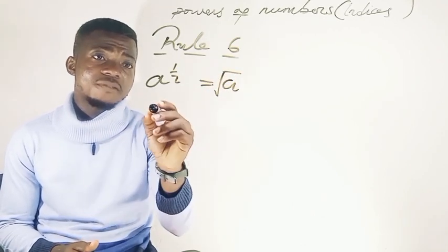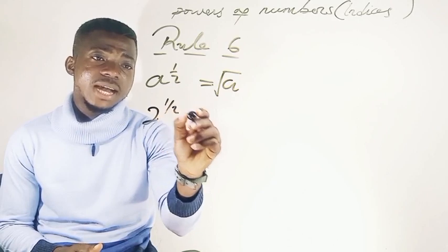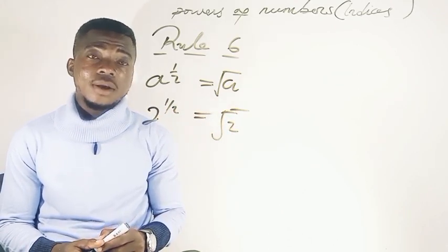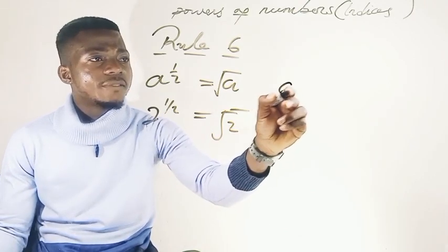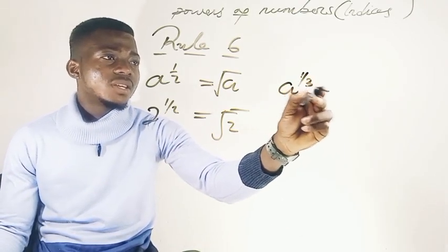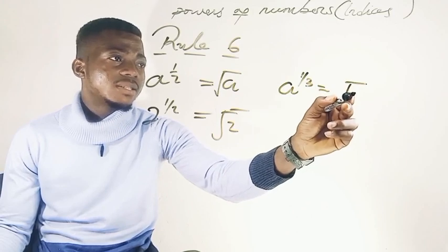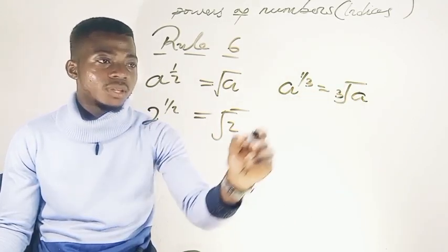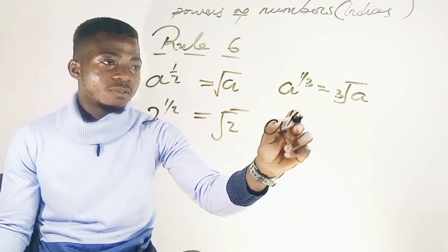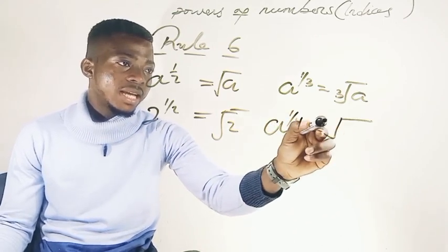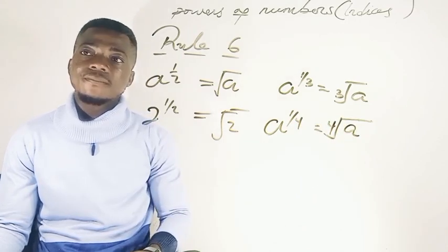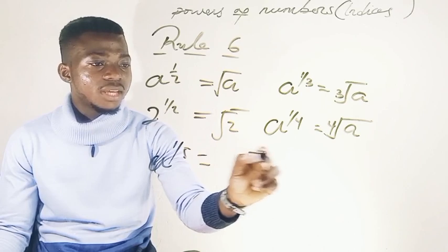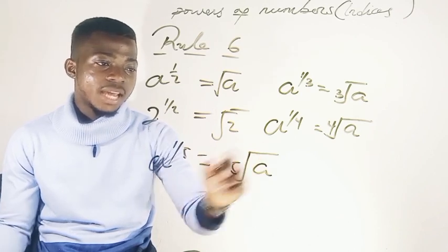So therefore, if you have 2 exponent half, the answer is square root of 2. And if you have a exponent 1 over 3, that is cube root of a. A exponent 1 over 4 is the fourth root of a. A exponent 1 over 5 is the fifth root of a.